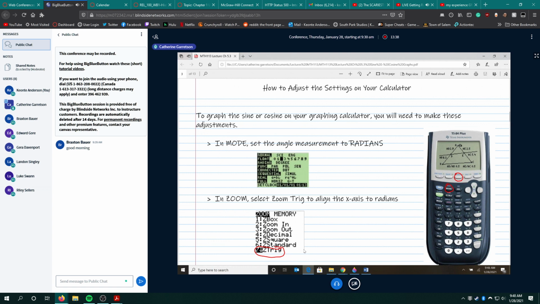But when you graph a trig function, you might want to be in zoom trig, number 7. Once you hit zoom, you can type in the number 7, or you can arrow down with the down arrow and hit enter. The quick way is just to hit the 7 key, and it will put you in that.